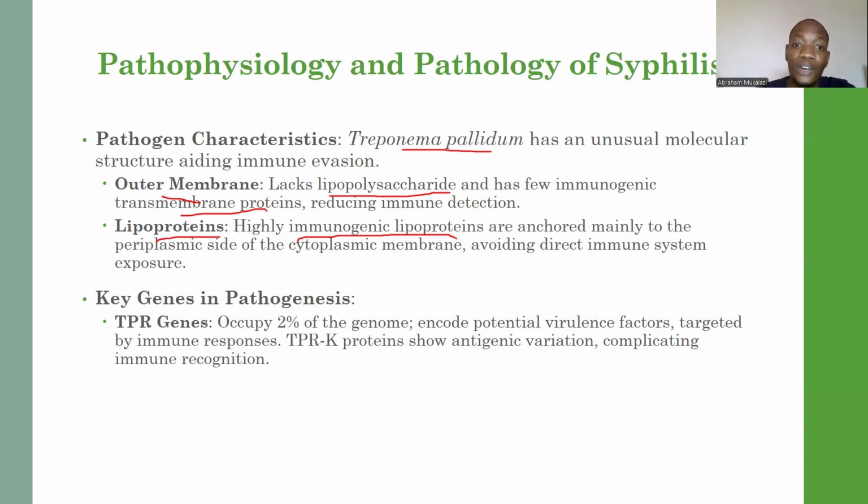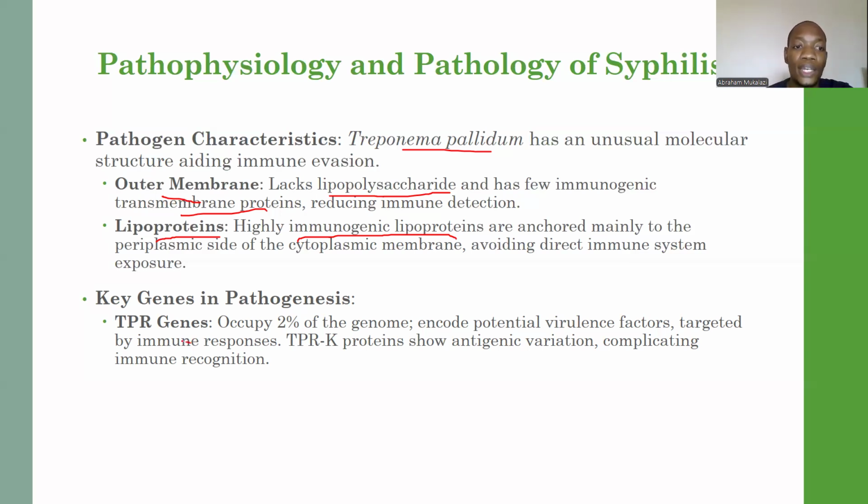So this usually avoids direct confrontation between the syphilis bacteria and your immune system. That is what makes it a little bit more pathogenic, because your immune system cannot easily get rid of it once you are infected.